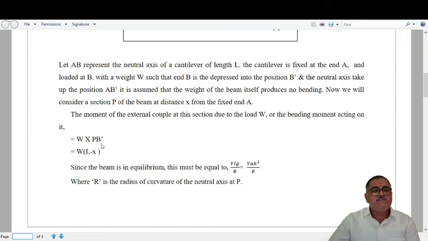PB dash is nothing but the length of the neutral axis, and it is L minus x.